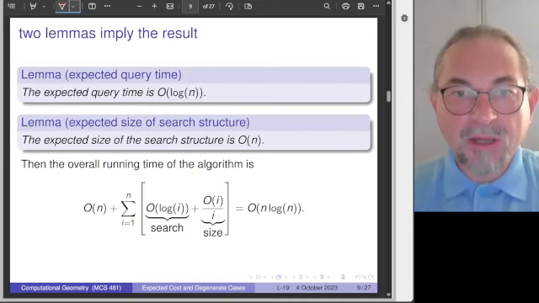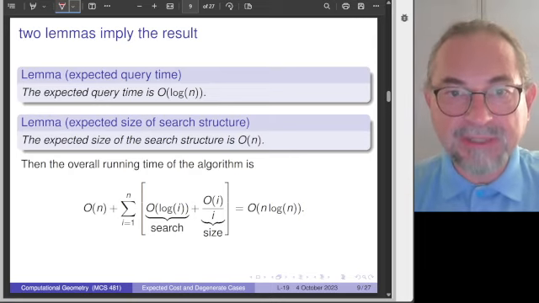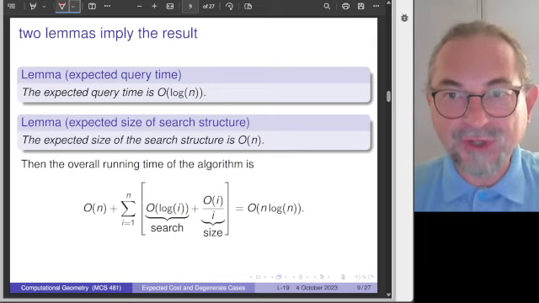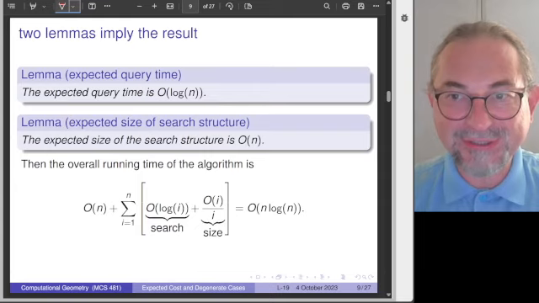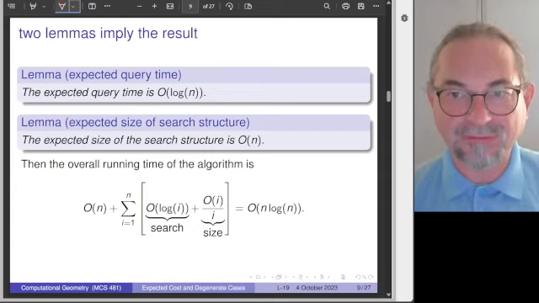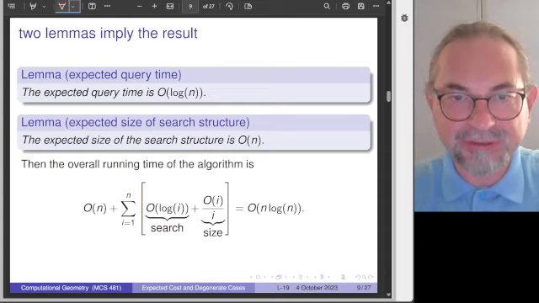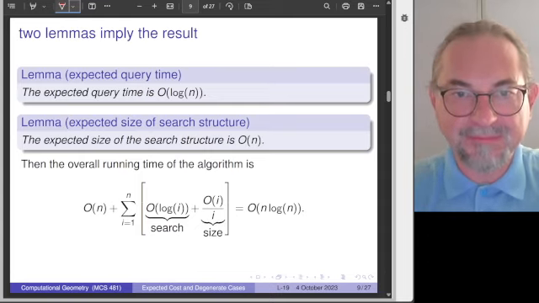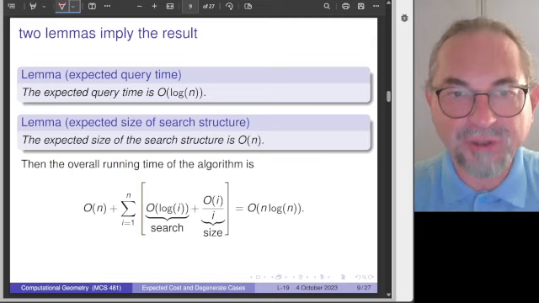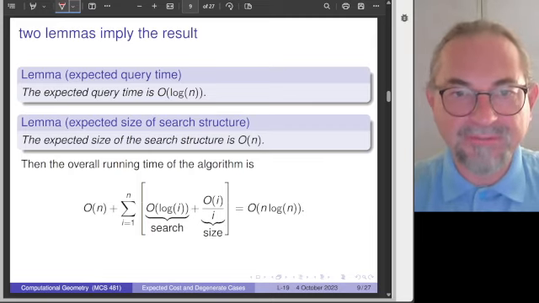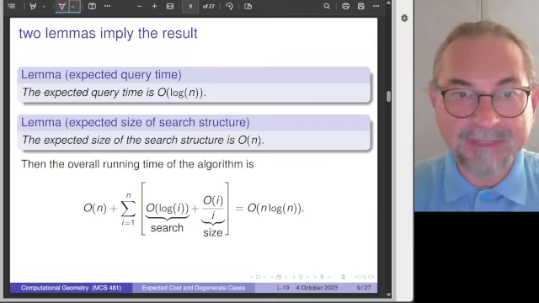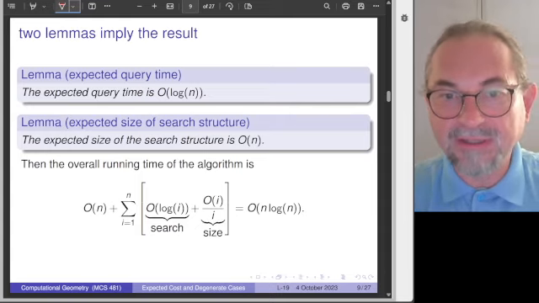Okay. We will prove two lemmas, and then they will give the result. So the lectures are actually structured top down. So for the proof, I will introduce some notation, and here I'm stating that the first lemma will give us that the query time is logarithmic, and the size of the search structure is linear.